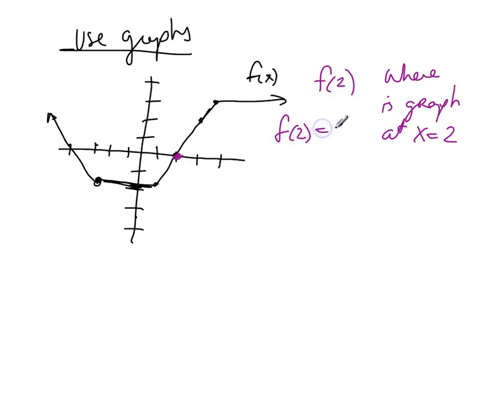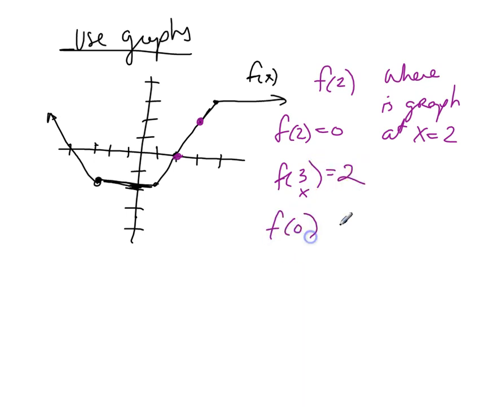The answer is 0. It would be the point 2, 0. Let's try it again. F of 3. So this is saying x is 3. Remember, x is on the inside. Go to 3. Hit the graph. It's up in the air. And that would be at point 3, 2. So it would be 2.